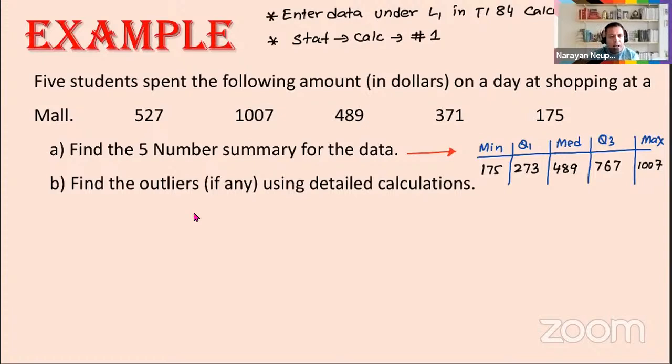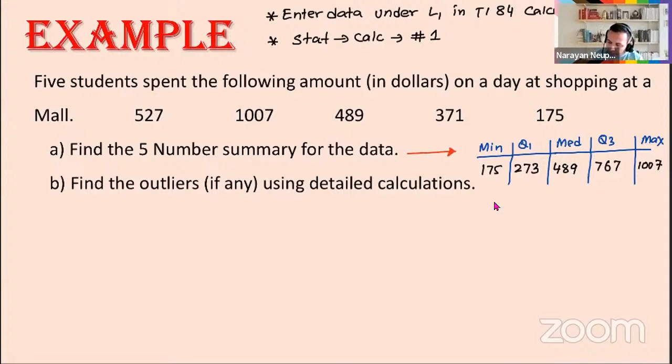In the second part, we are asked to find the outliers, if any, using detailed calculation. In order to find the outlier, we have to see if there are any data values that are outside the boundary. And in order to find those boundaries or fences, we need the interquartile range first.